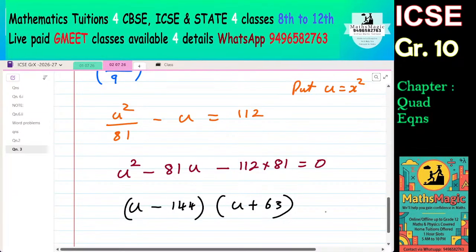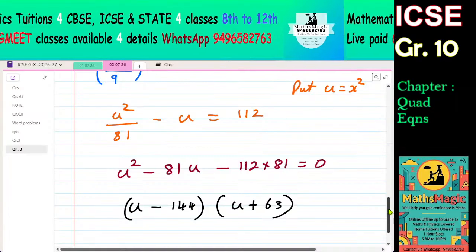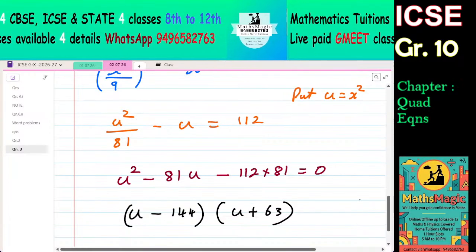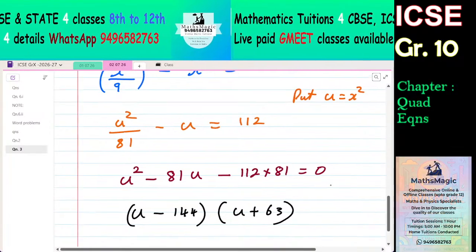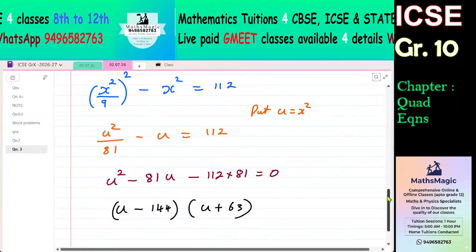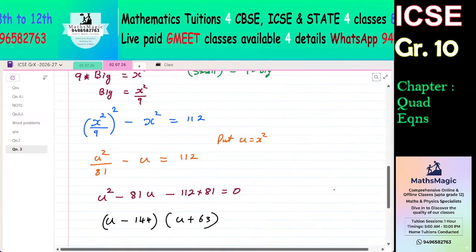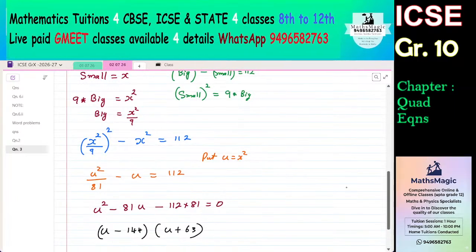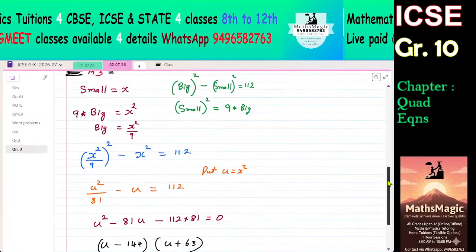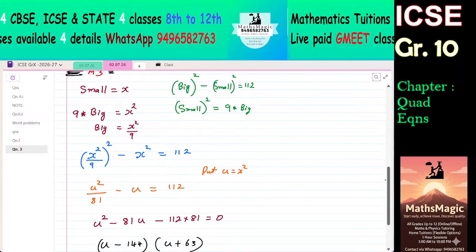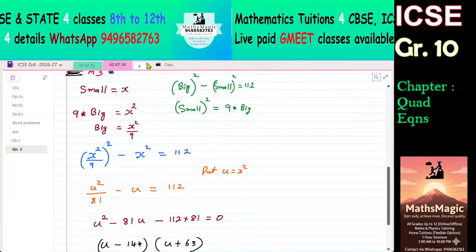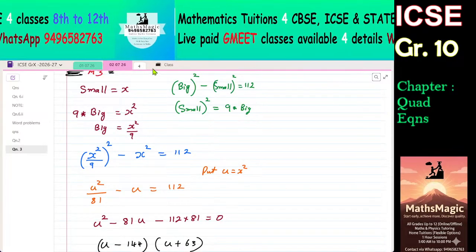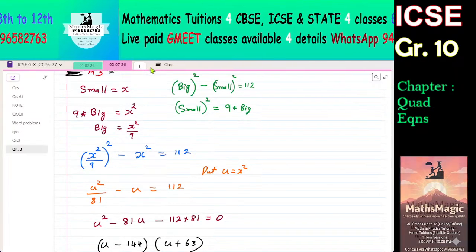So I have just solved for those who just thought, what if we took the small number as x? It's okay, we can solve it like that also, but it's a little bit more tedious than the previous two methods.